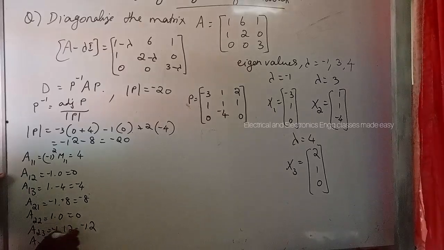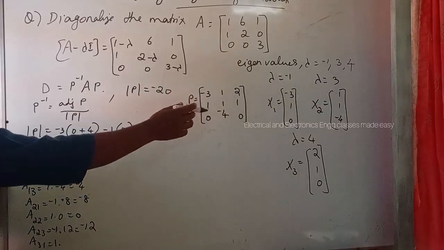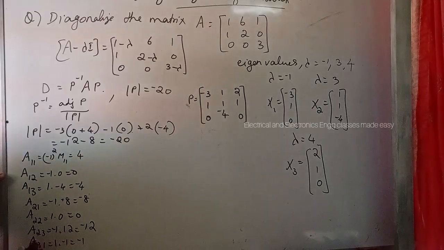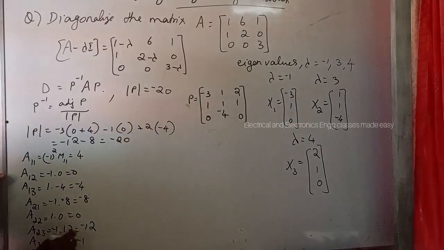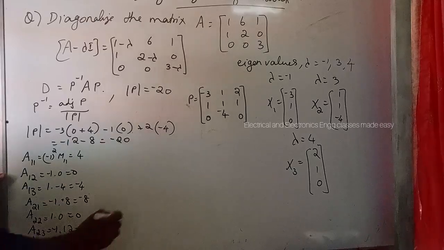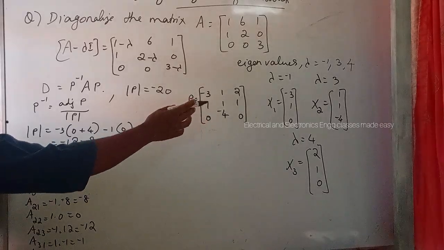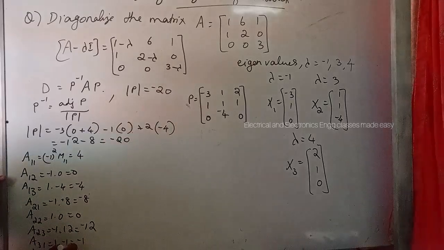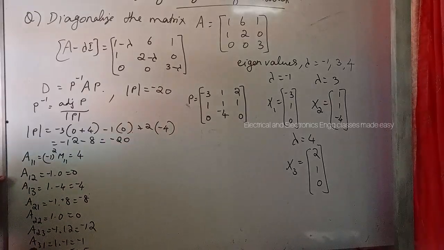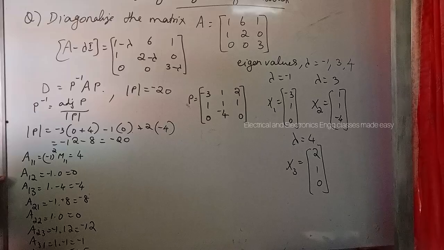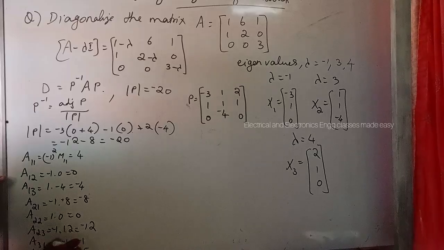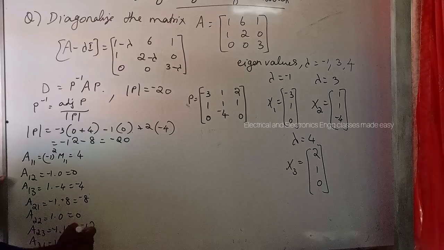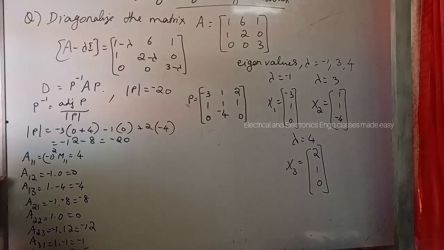A31 is 1 into 1 minus 2, that is minus 1. A32 equals minus 1 into minus 3 minus 2, that is minus 5, so it equals 5. Then A33 equals 1 into minus 3 minus 1, that is minus 4.